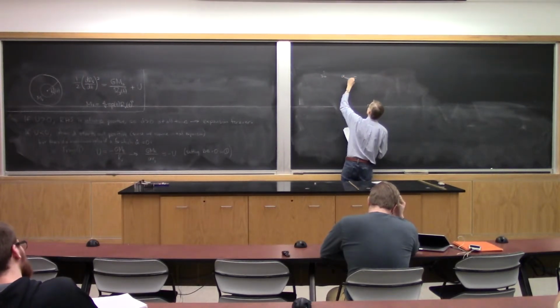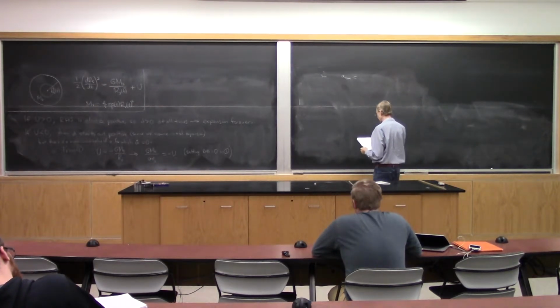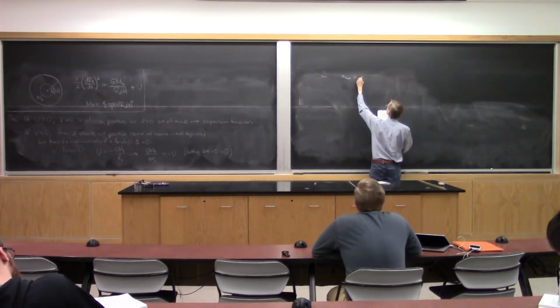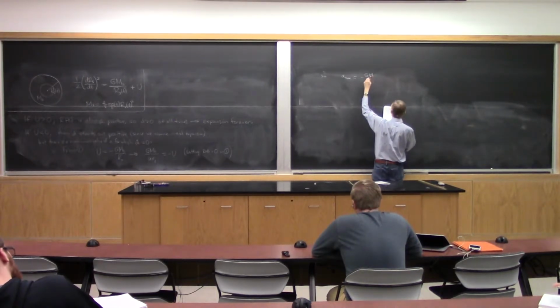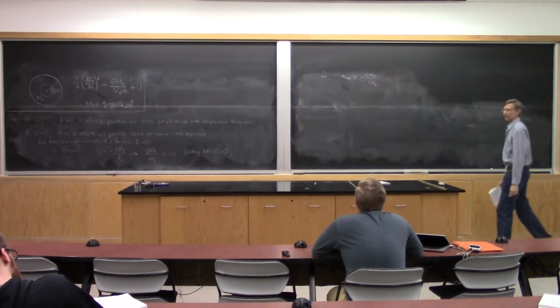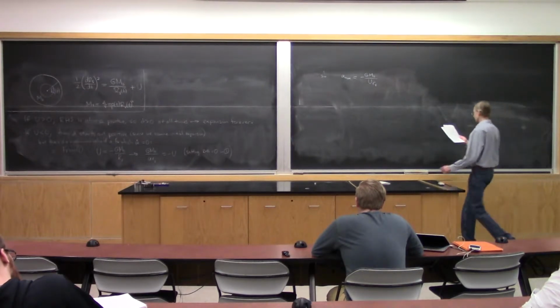So A max, the value of A when this happens, when A dot is 0, will be equal to minus big G times m sub s over u times little r sub s. That would be the value of A max. It's got a minus sign. Looks at first like we're saying that A max is negative. No, because u is negative here, right? We assume u is less than 0.